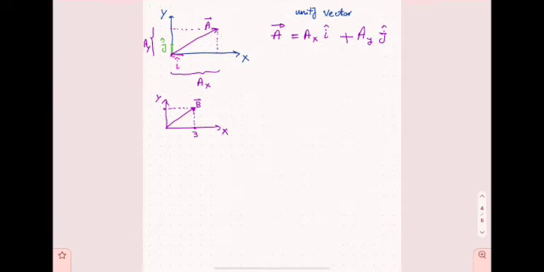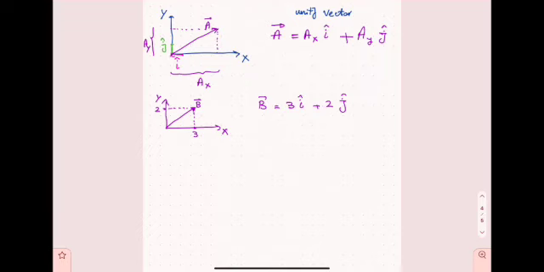Let's say here is 3 and this is 2. So I can write the vector B as 3i plus 2j. Okay, so now we know how to represent vectors in terms of the unity vectors.